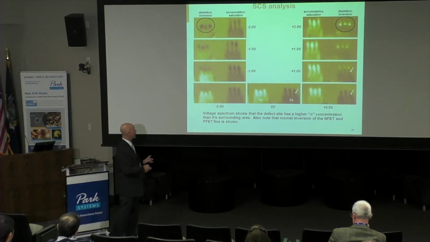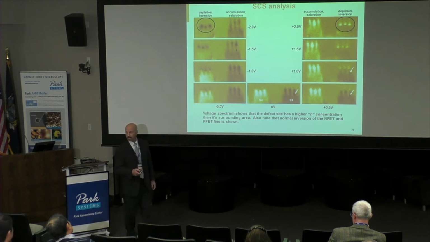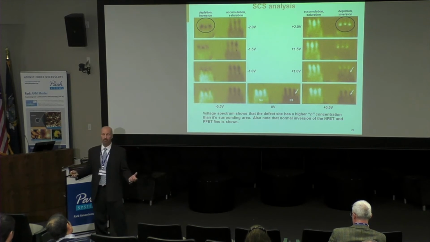We switch over to scanning capacitance spectroscopy. So here's a spectrum of what we did on that device. Here's our 0 volts image, and here's our defect. Then, as we progress through different bias conditions, let's see what happens to that defect as compared to the surrounding area.